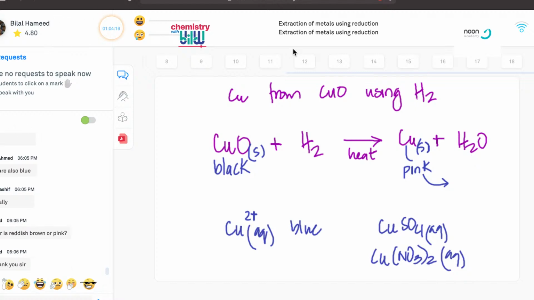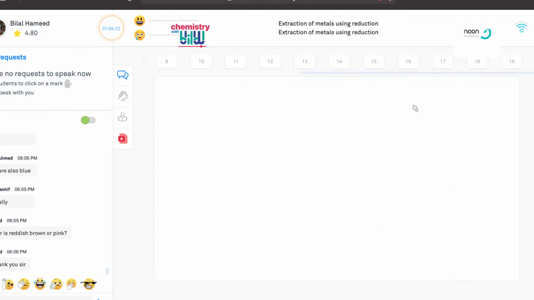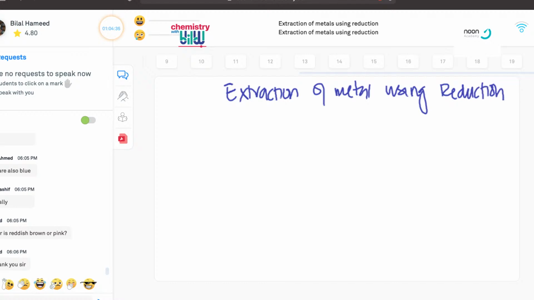Okay. All right. So we got through 2 examples. Let me recap. We were doing extraction of metals using reduction, because we reduced those metals. Okay? What were they? Fe2O3 we reacted with carbon monoxide, and we made carbon dioxide and iron.